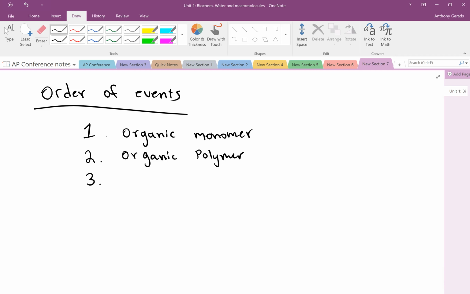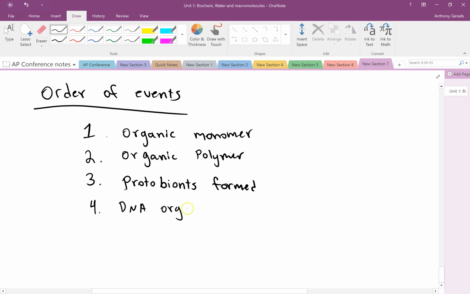It's a fat membrane, a protobiont, or liposomes. So big events: organic monomers were formed, organic polymers were formed, protobionts were formed, and then eventually we got DNA organisms. That's the big four steps on how it's believed that life came on Earth.